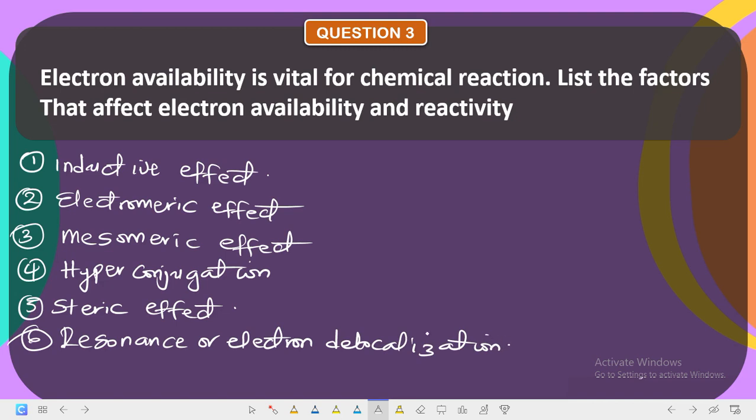So these are the factors that affect electron availability for reactions, or the factors that affect electron availability and what? Reactivity. These are the factors. They are also called electronic effects. Okay? So let's go to the next.